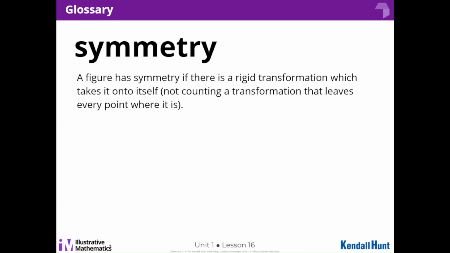But if we can do a translation or a rotation or a reflection where we create some type of symmetry and the points are not all in the same spot, then that is what we would consider symmetry.